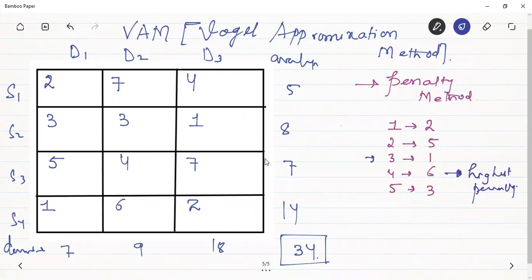ठीक है? So see here, what is the step that is involved? The first step is that, okay, we can write the step here.